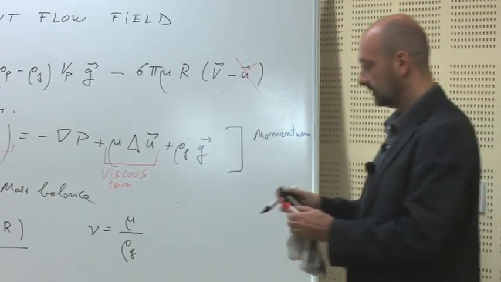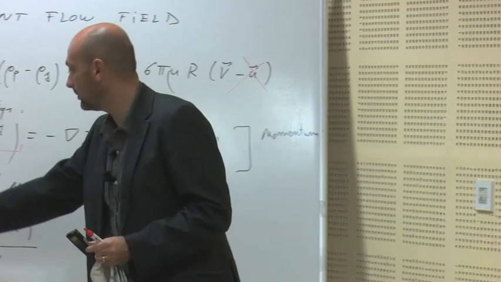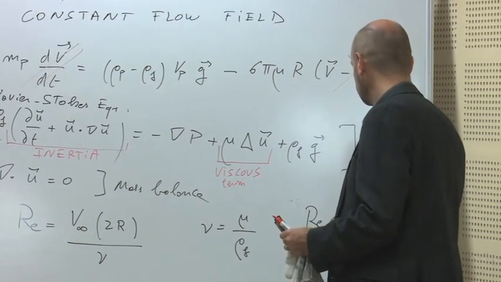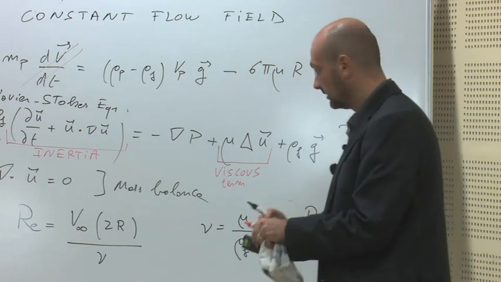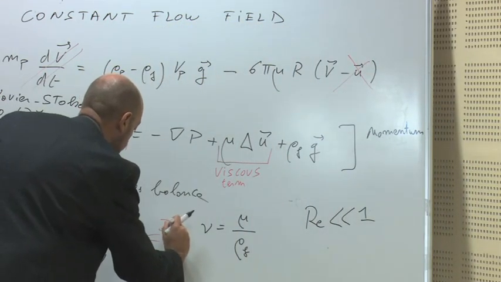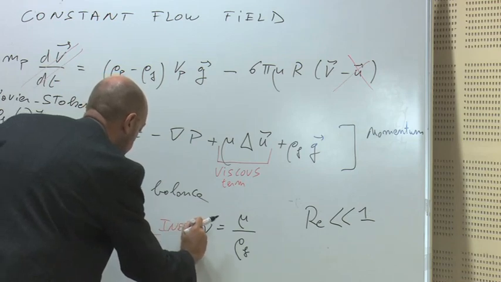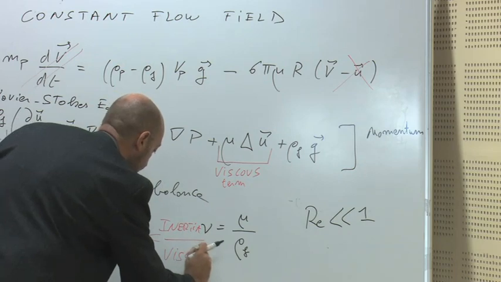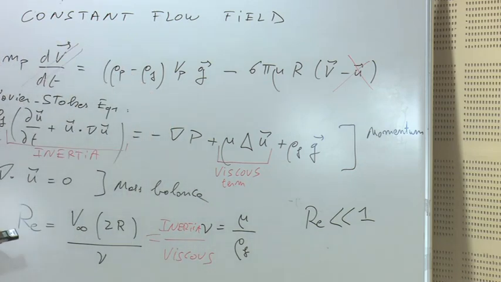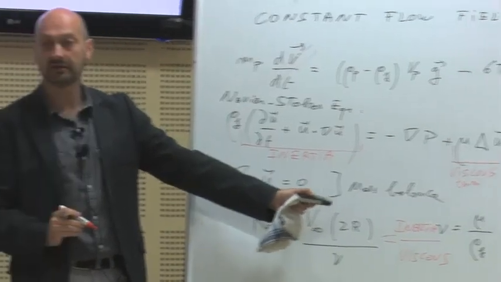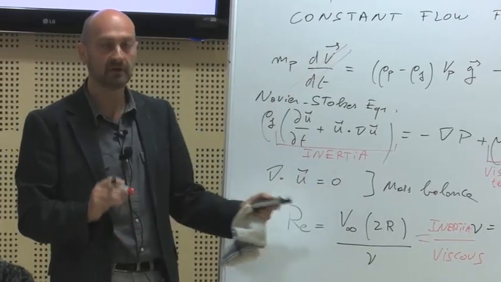And he said that if that Reynolds number is very low, which is actually inertia over viscous effect, it means that the inertia is very small.